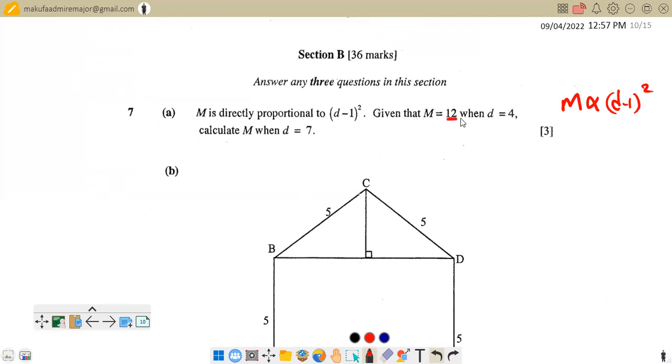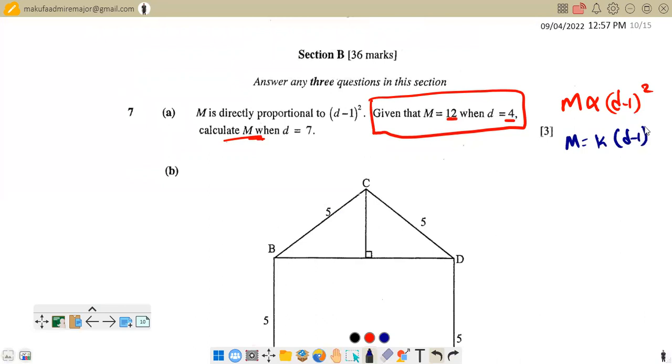Given that m is equal to 12 when d is equal to 4, calculate m when d is equal to 7. So this is another question, but let us take this information first. We can find the value of k if we introduce our constant, because we are going to have m is equal to k into d minus 1 squared. Then we have the value of m, which is 12, when d is 4.